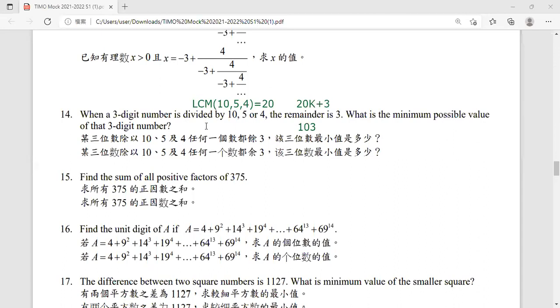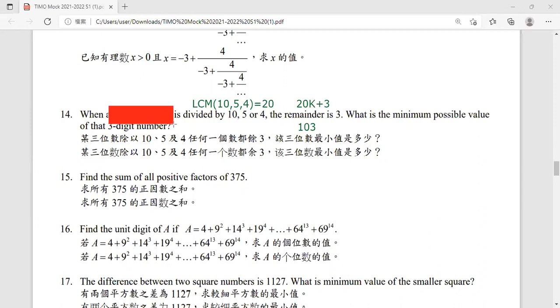Let's pretend that you don't know it. Take away this one first. Any number which has a remainder 3 when divided by 10, 5, and 4 will be a multiple of 20 plus 3, because the LCM, the least common multiple of 10, 5, and 4 will be 20.